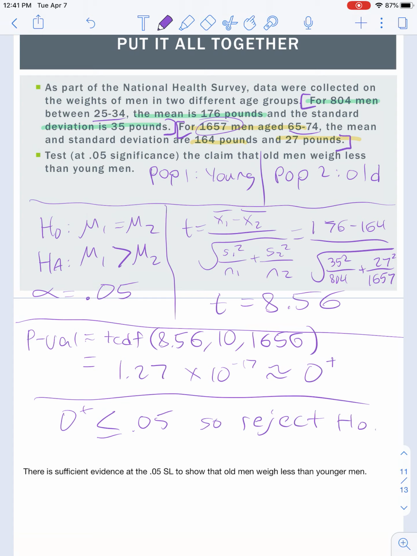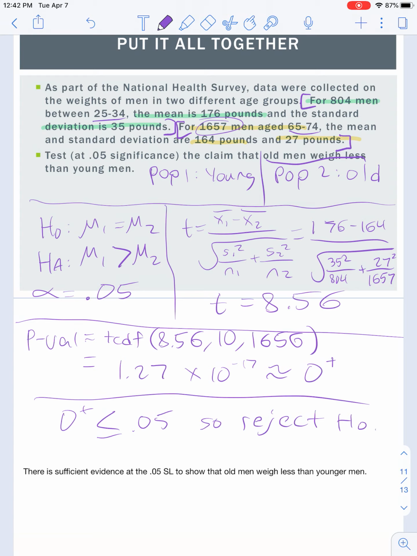Because we set population 1 as young, and the claim says that old men weigh less, we need this to be the smaller number because that's the old average. And the old average is supposed to be smaller than the young average. So what I did is you always point to the smaller thing. So it's a greater than problem, so it can point to the lower weight, which is supposed to be the older men. My significance level here was given to me in the problem, 0.05.